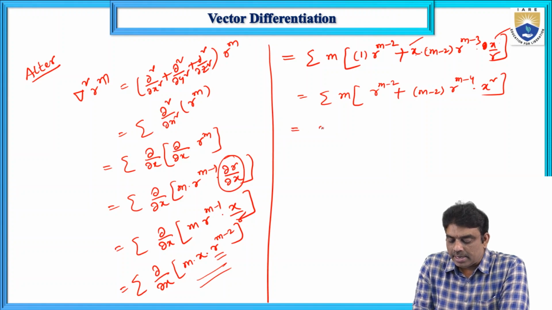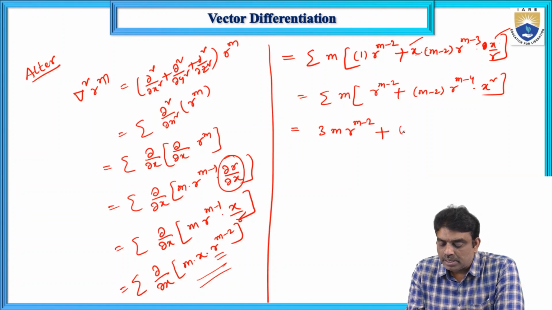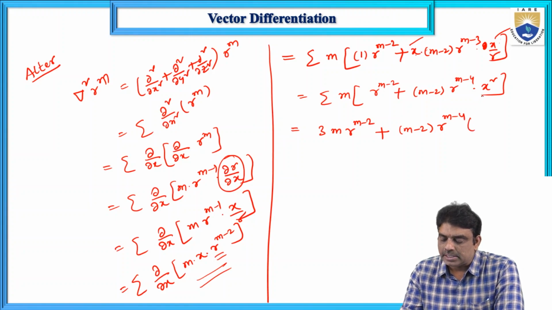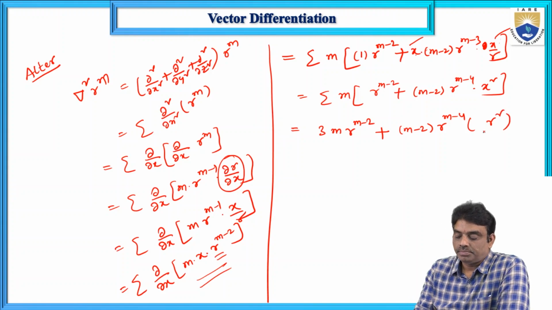So in expanding you'll get 3m r power m minus 2 first term. Second term m minus 2 r power m minus 4 fixed terms, and in the bracket you will get x square plus y square plus z square, that will be r square.